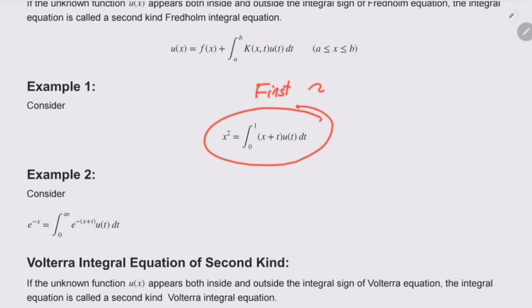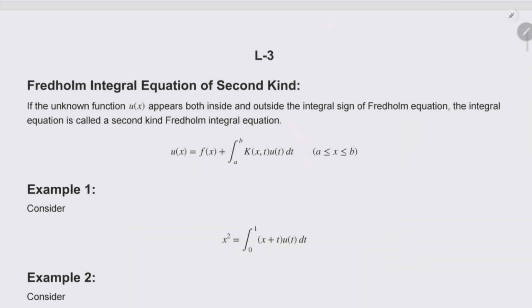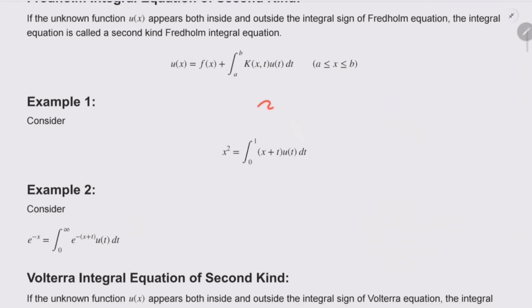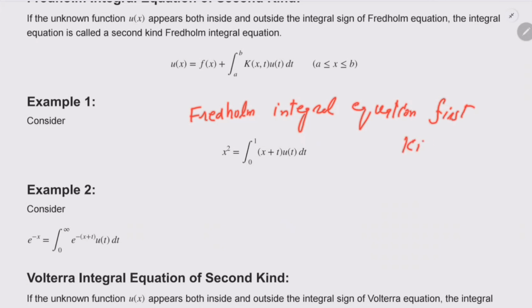This example somehow appears here, but the limit is fixed, and that fixed limit tells us that this is a Fredholm integral equation of first kind, since there is only one unknown that appears here.